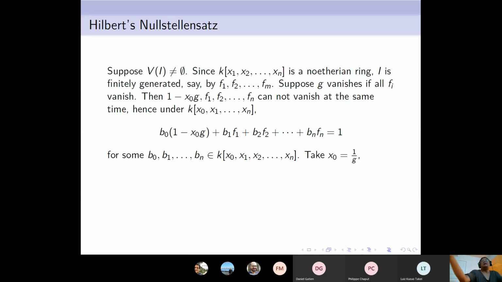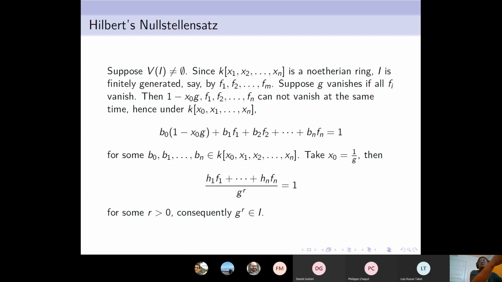So this equation equal to 1 is true for any value of x0. We take x0 to be 1 over g, because g is not equal to 0. Then after we clear denominators, we get this expression equal to g^r for some r greater than 0.